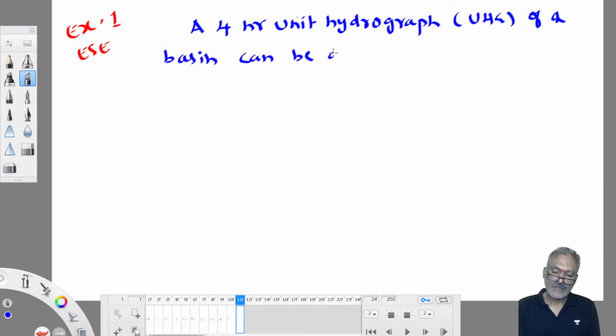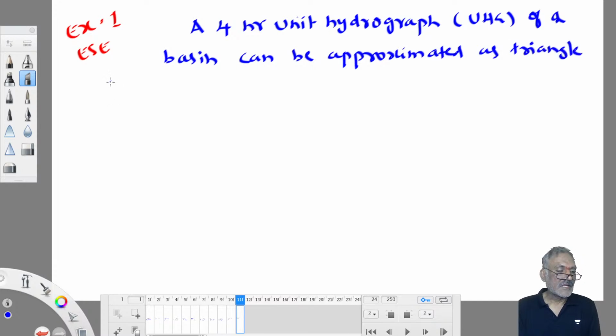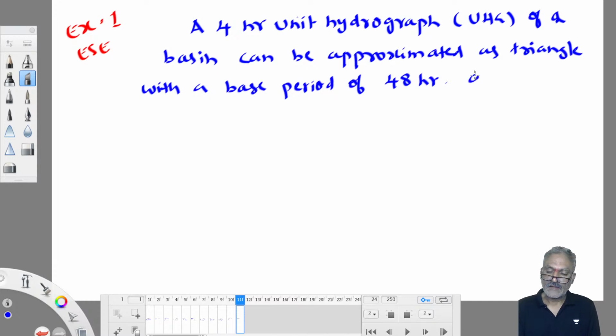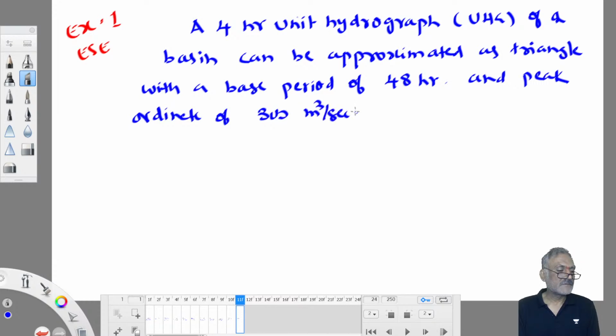It can be approximated as a triangle with a base period of 40 hours and a peak coordinate of 300 meter cube per second. What is the area of the catchment?